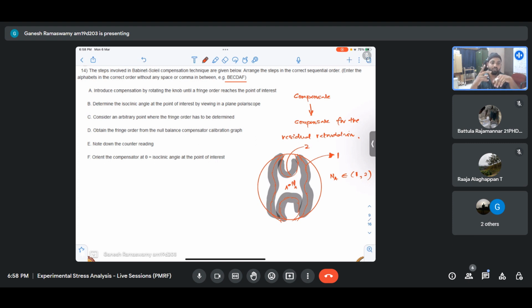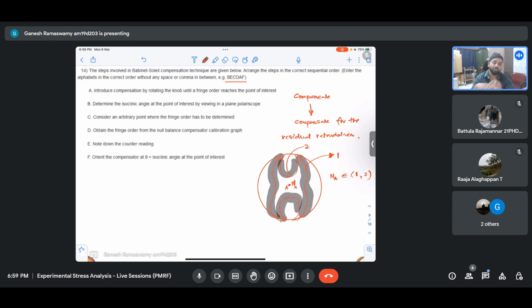Because for a general retarder, we wrote cos delta by 2 minus i sin delta by 2 cos 2 theta. That theta is essentially, we are assuming, the slow axis direction with respect to our coordinate basis. So that is a prerequisite for us to apply that Jones calculus, which is why the first and foremost requirement in case of compensation techniques is that you should know the isoclinic angle at that point. Once you know that, you arrange the entire thing in that way.